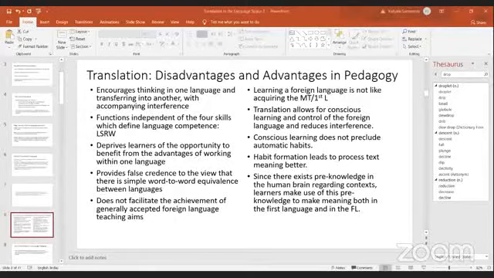Now in translation, the first disadvantage is it encourages thinking in one language, transferring the thought into the language to be learned, and that creates a lot of accompanying interference. The second one is that translation happens to be independent of the four language skills, which define language competence.